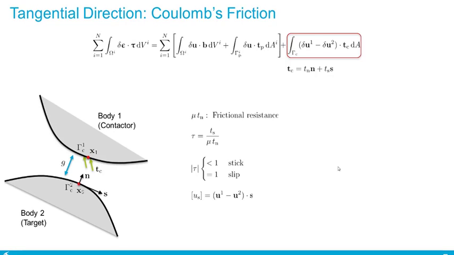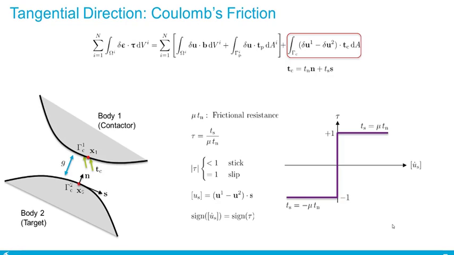We can define a similar gap function but along the tangential direction, and this time it will be equal to u1 minus u2 dot product with the vector along the tangential direction, which is s. And from Coulomb's law, we know that the direction of sliding is the direction of applied tangential traction, and this can be mathematically expressed by this equation. So similarly, on a plot, we can write the stick and slip condition as 3 straight lines.